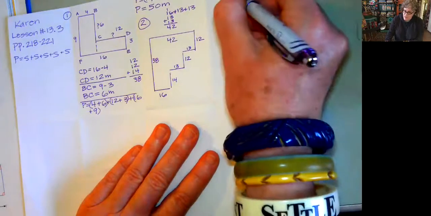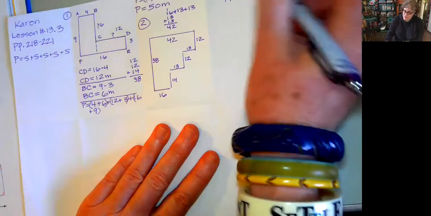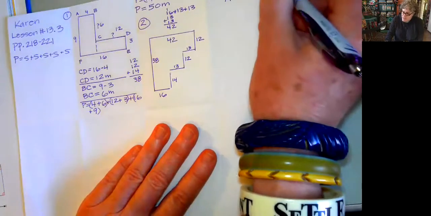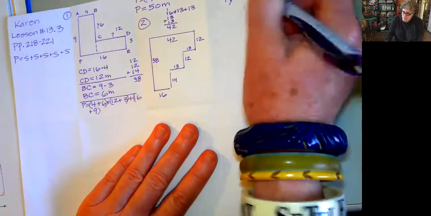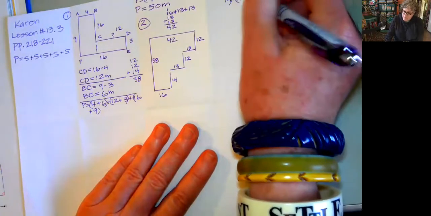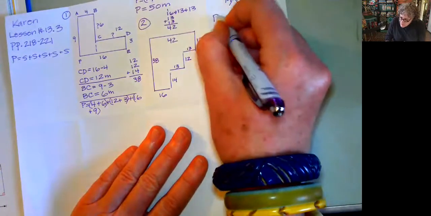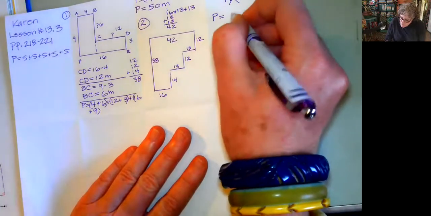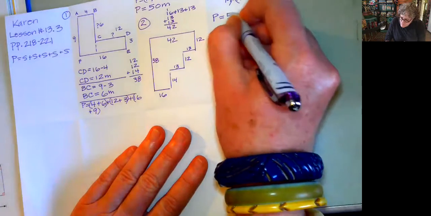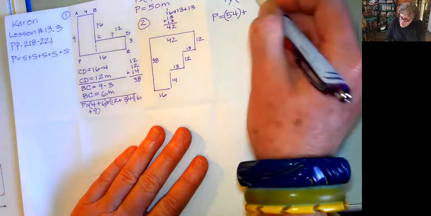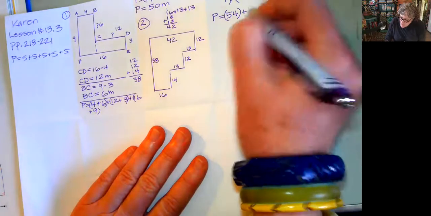And I'm going to just break these into chunks because I like to make the addition as easy as possible. So if I take 42 plus 12, I get 54. If I take 13 plus 12, I get 25.